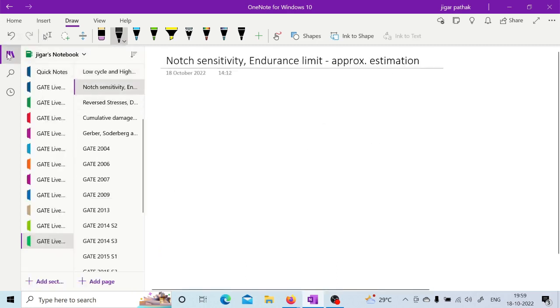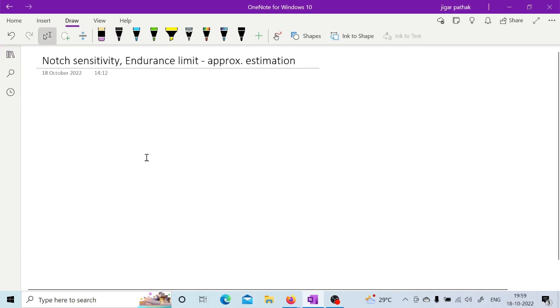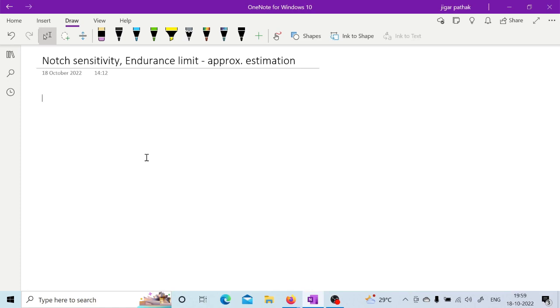Then again, some important things like notch sensitivity are there, right. Notch sensitivity is needed because whenever you consider the theoretical stress concentration factor, it does not always provide proper results.